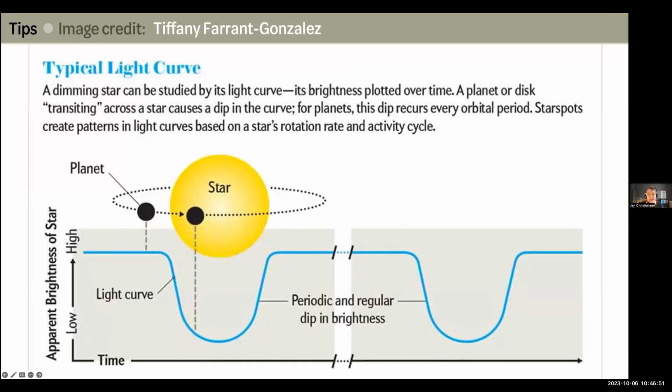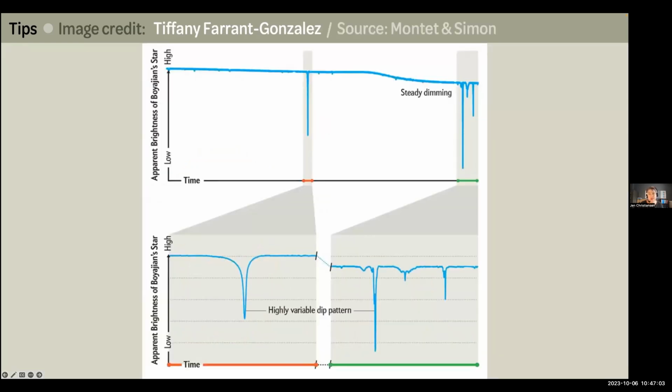So to do that, we needed to represent a more common star dimming situation. That allows us to then show why the irregular pattern by Tabby's star is weird. So here's the common pattern, and here's the unusual pattern from Tabby's star. And then we also included labels to help direct attention to the critical parts, an interval of steady dimming, and then a highly variable dip pattern.